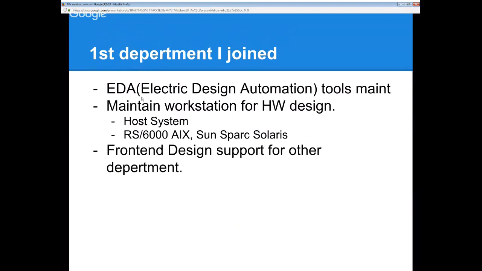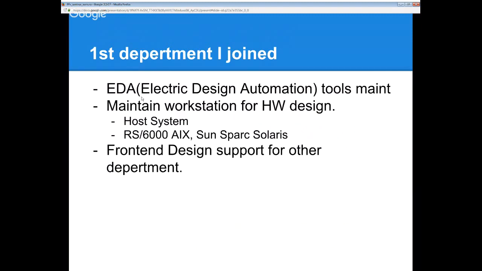And the department also supported designing some ASICs for other departments.